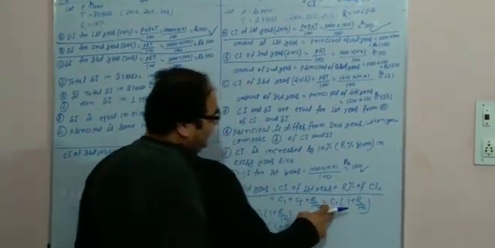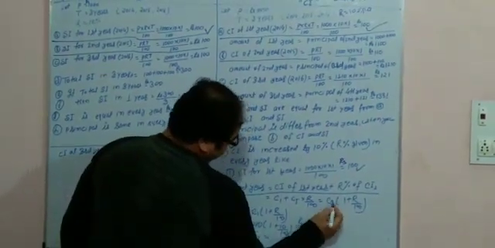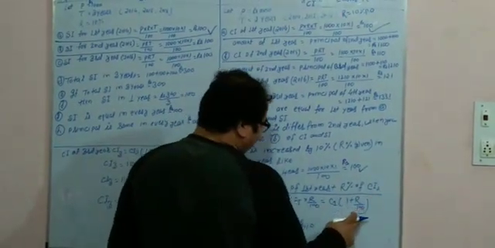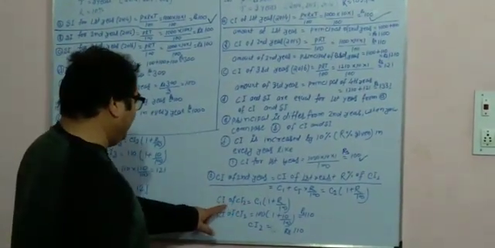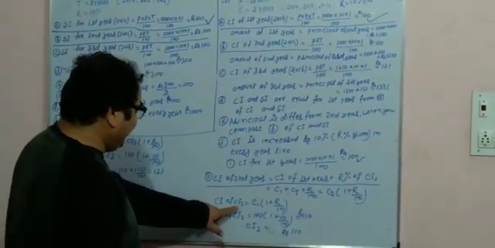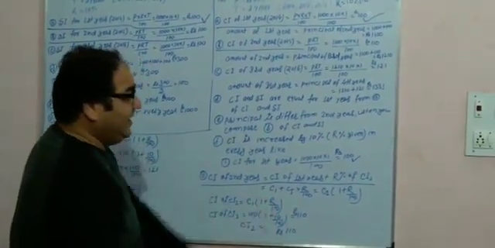So taking the common value, CI of second year equals CI of first year into 1 plus R by 100.